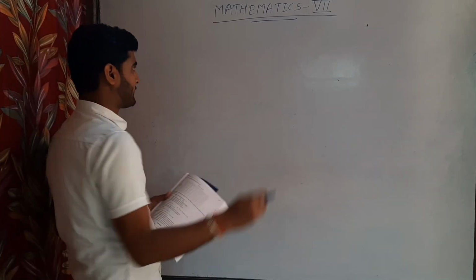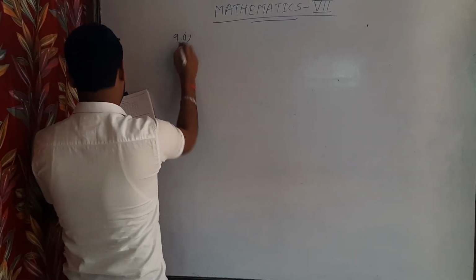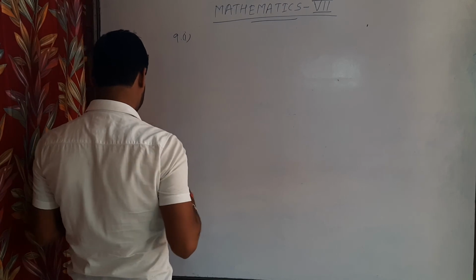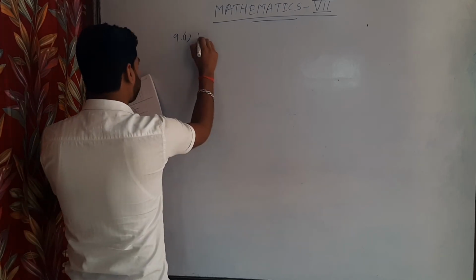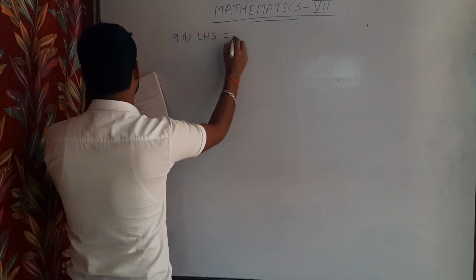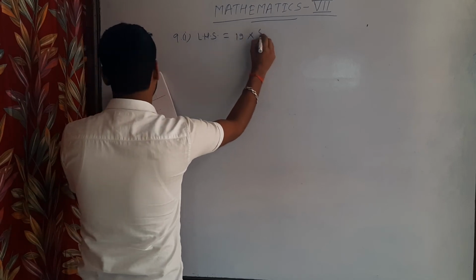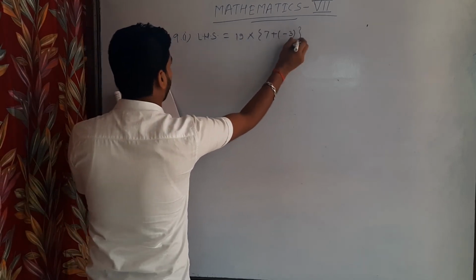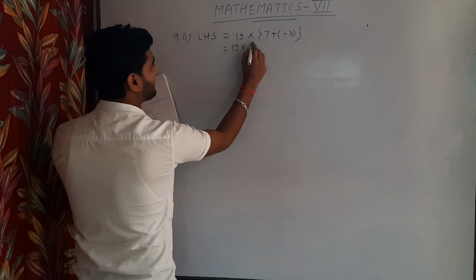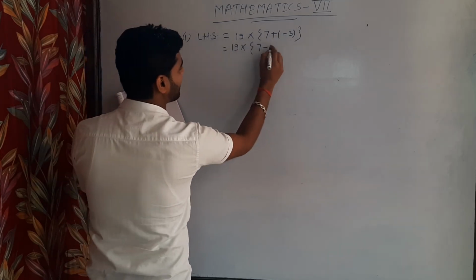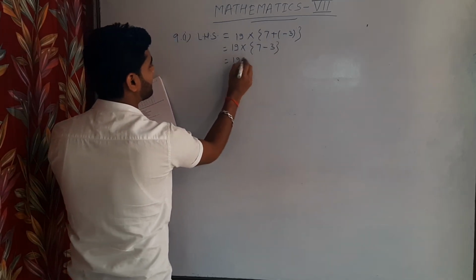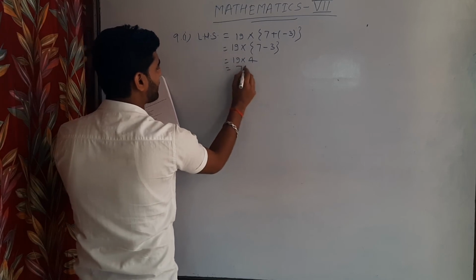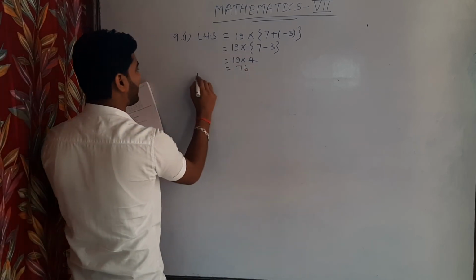Question number 9 first. Verify the following. We have to write LHS, left hand side: 19 multiply 7 plus minus 3. 19 multiply 4. Answer 76.